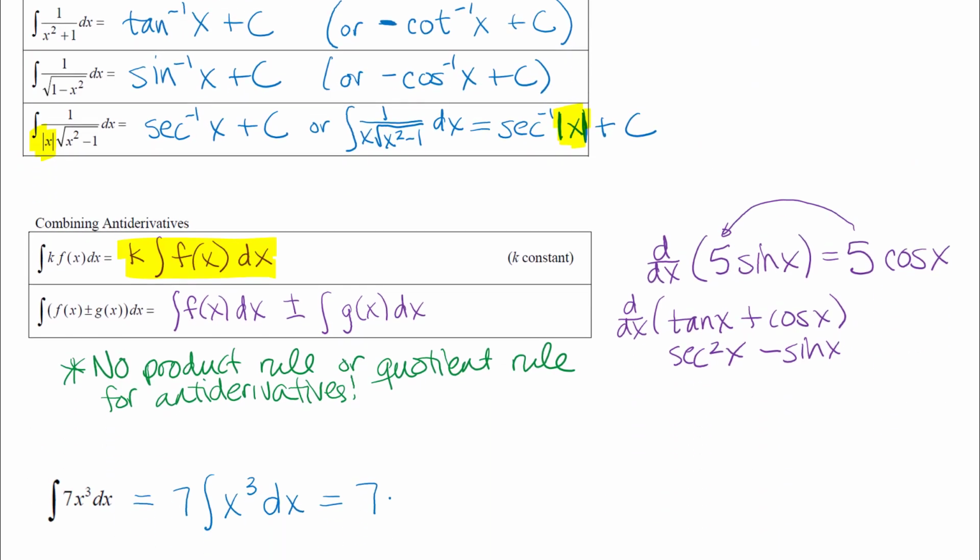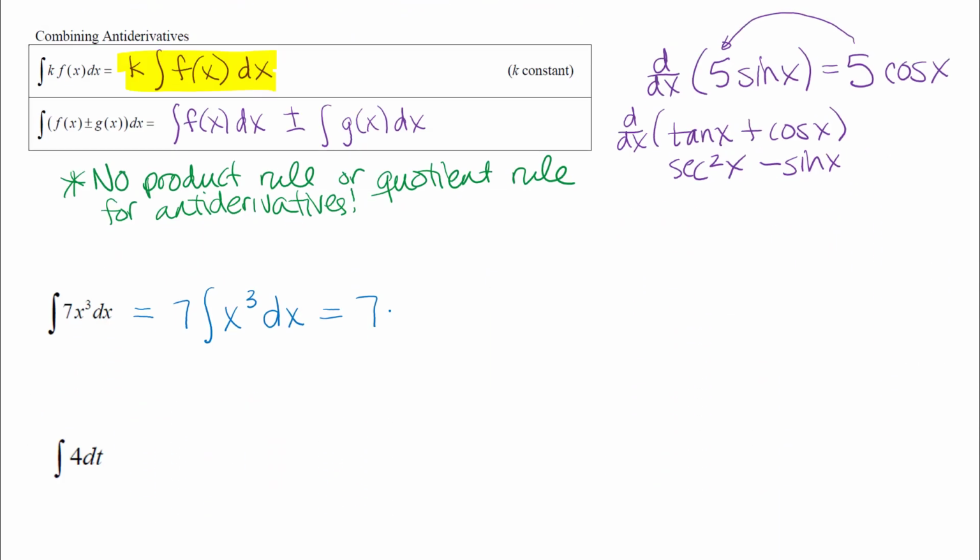All right, so let's go back down to our example and finish it. We're going to have 7 times, and then we use that rule. Our n is 3, so when I add 1 to that, I'll have 4, 1/4 x to the 4th. And then I can put a plus c here on the end. So I could clean that up a little bit and make that 7/4 x to the 4th plus c, like that.